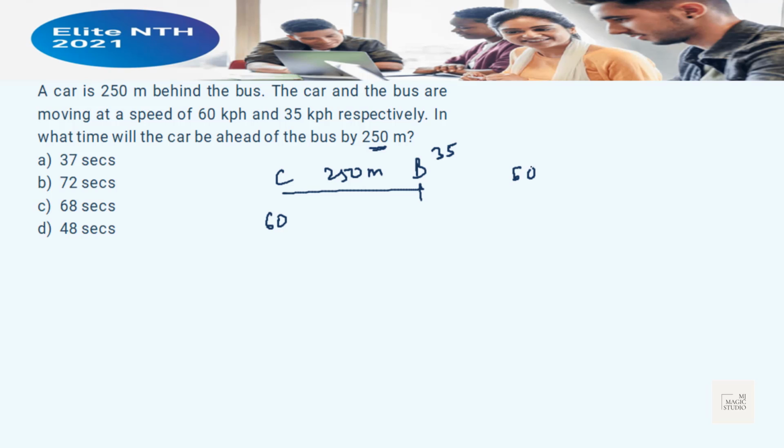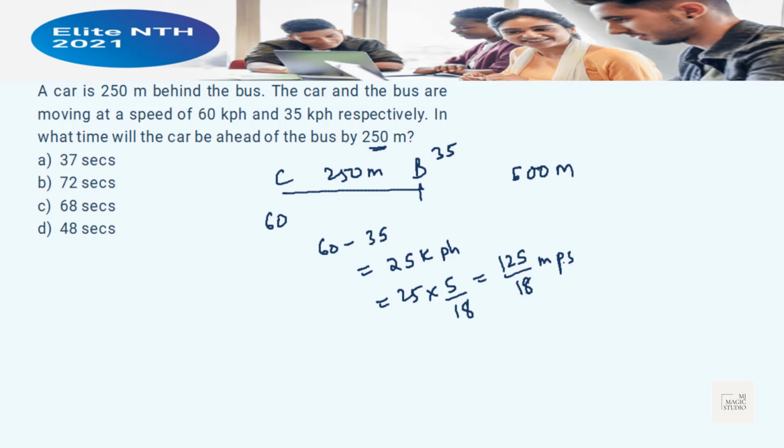So 250 plus 250 is 500, and the relative speed of the car with respect to the bus is 60 minus 35, that is 25 kilometers per hour. Since this is in meters, let me convert this into meters per second. 1 kph is 5 by 18 meters per second, so it would be 125 by 18 meters per second.